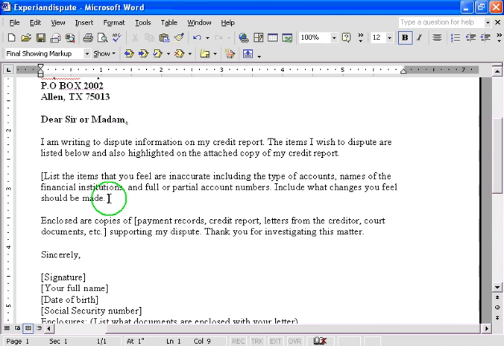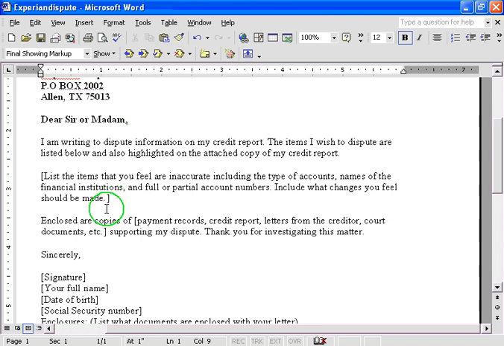For example, if you feel like you were never late, first put the type of account, the name of the financial institution such as Bank of America, the account number, and why you were late or why you weren't late, why it should be taken off your credit report, etc.